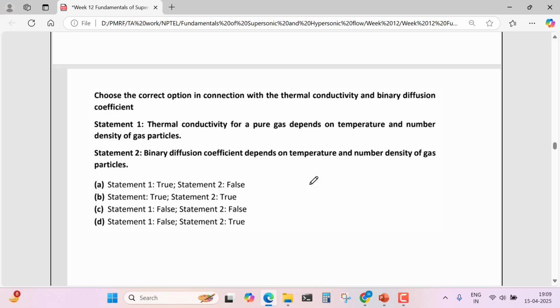Option A, statement 1 true, statement 2 false. Option B, statement 1 true, statement 2 true. Option C, statement 1 false, statement 2 false. Option D, statement 1 false, statement 2 true. So what will be the answer for this problem?